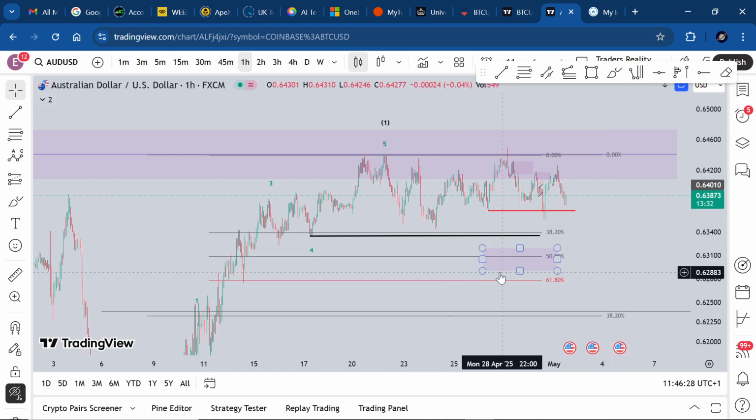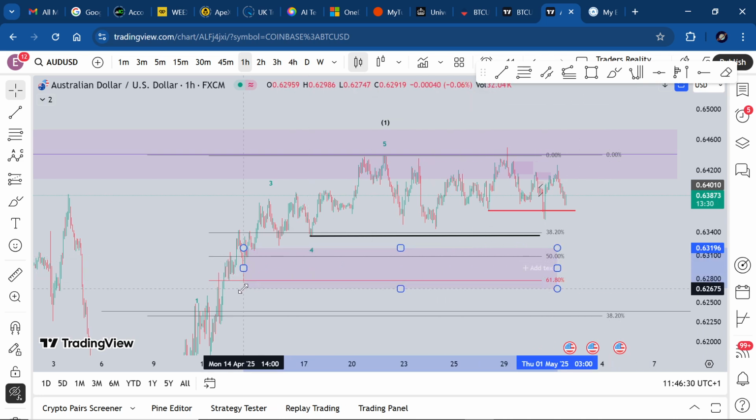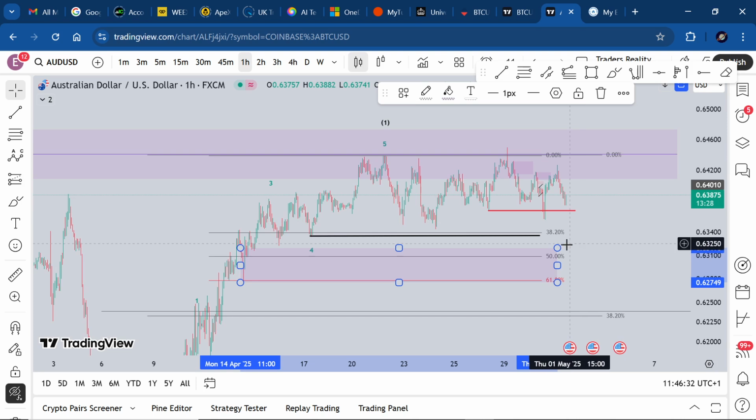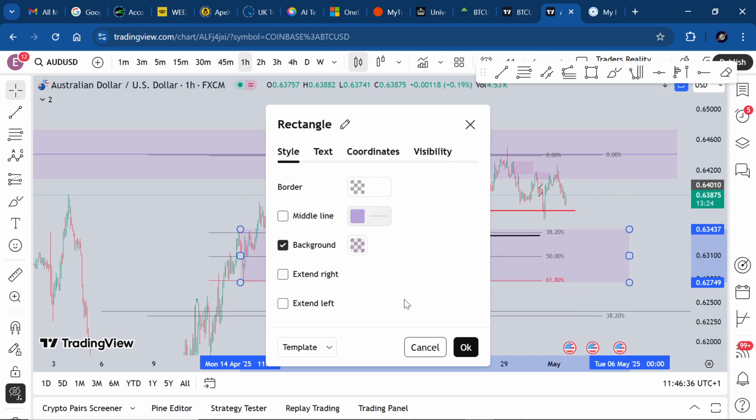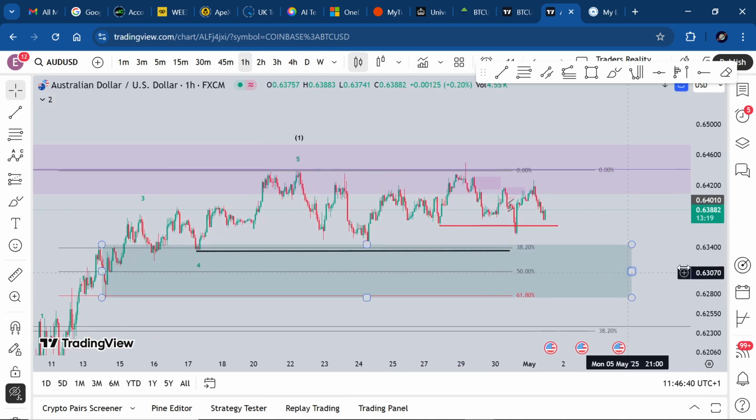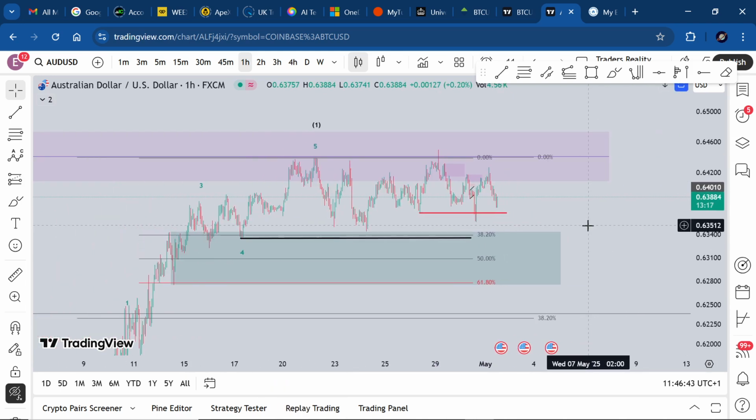And right over here we have our last down move for the up move. So this is a demand zone. We're currently gone sideways since Tuesday last week. Okay, it's been like 9 days.